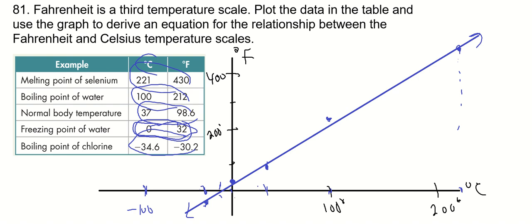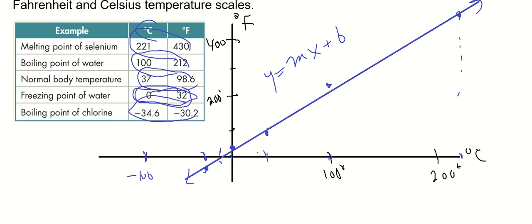So we're going to need an equation for that, right? So we can do y equals mx plus b form. We can get that. Just pick 2 points. I'm going to pick the points with the 0, definitely. I'm not going to do the freezing point and boiling point of water because we already know that.